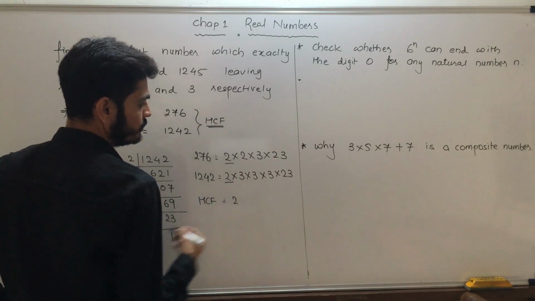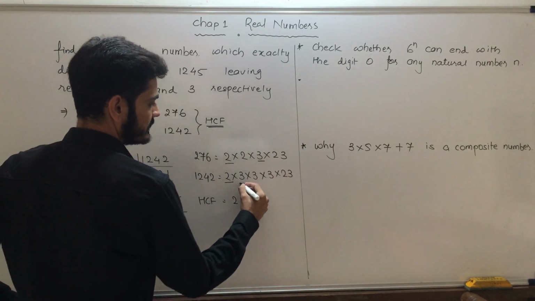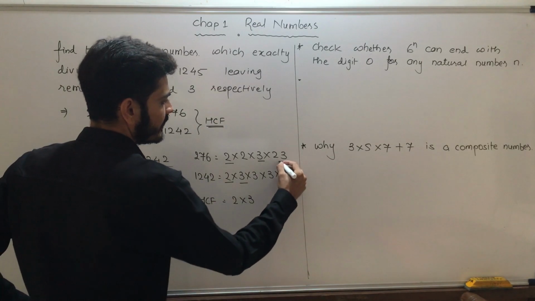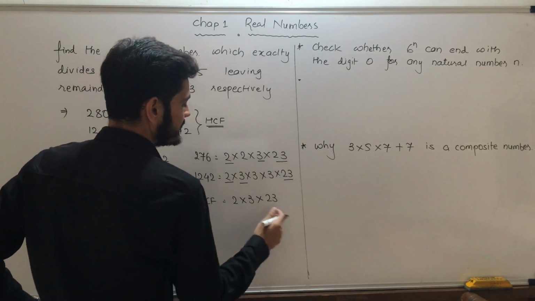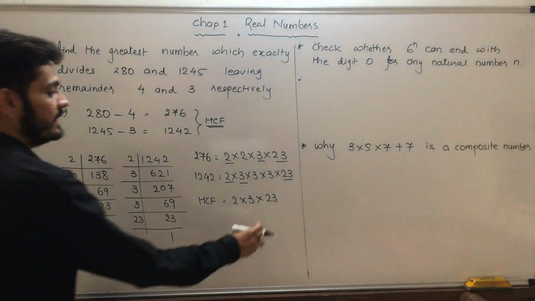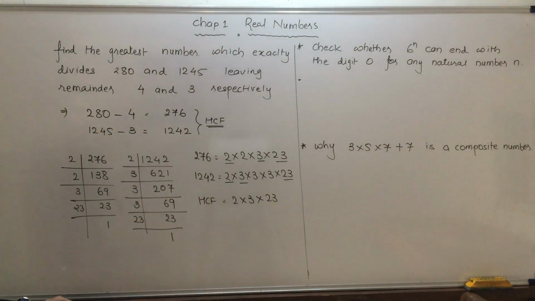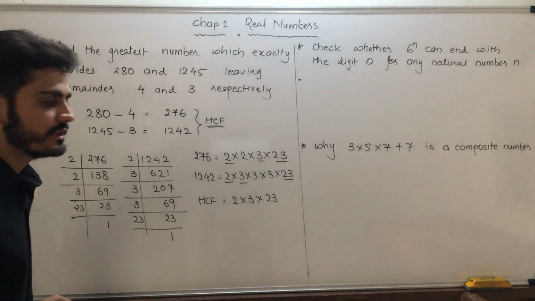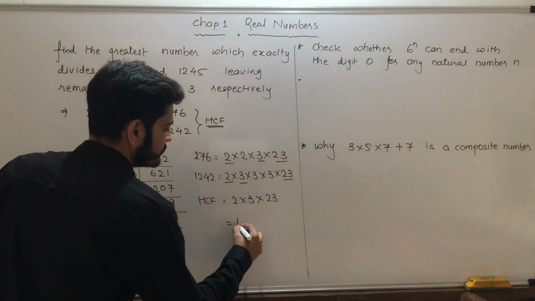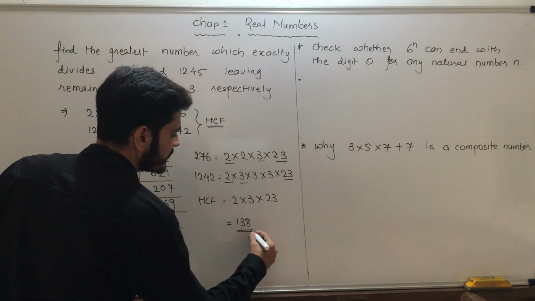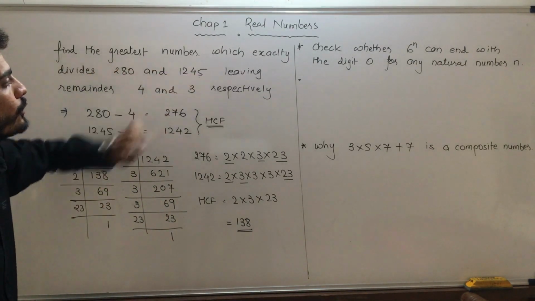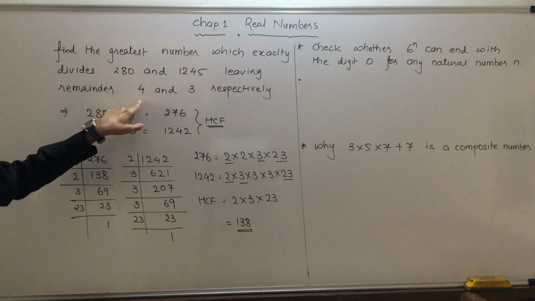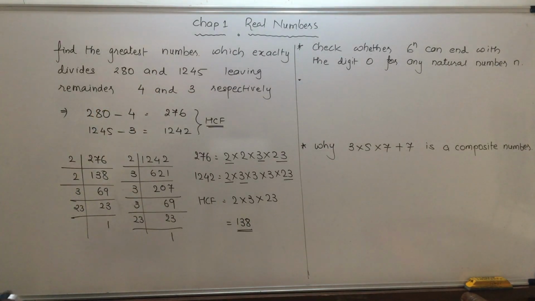Underline the common number 2, another common number 3, and another common number 23. So multiply all three numbers. 23 3s are 69, and 69 2s are 138. So 138 is the greatest number which when it divides 280 and 1245 leaves the remainder 4 and 3.